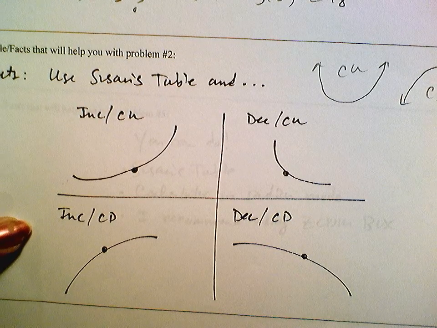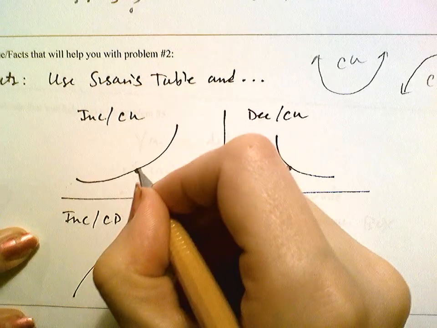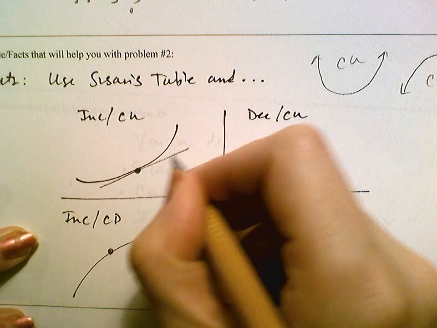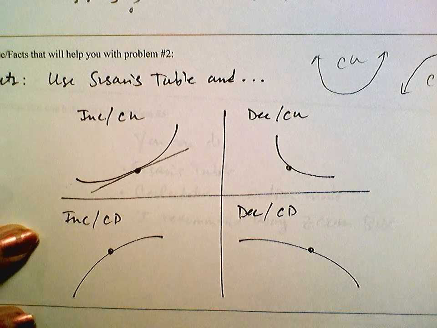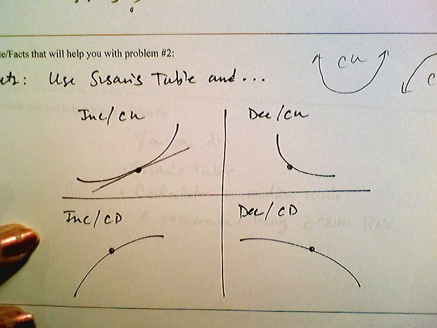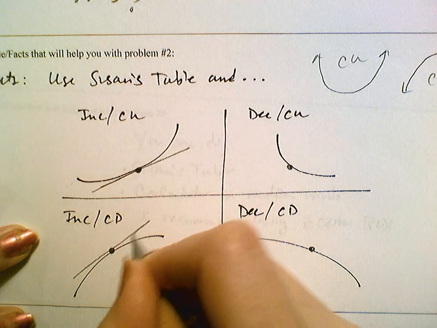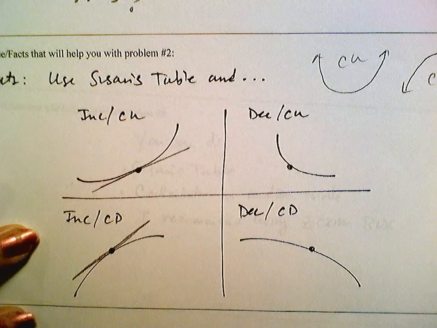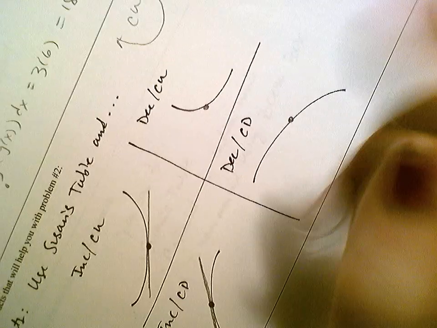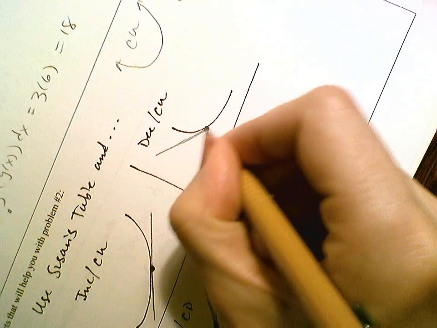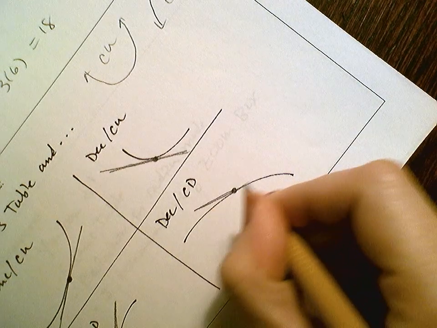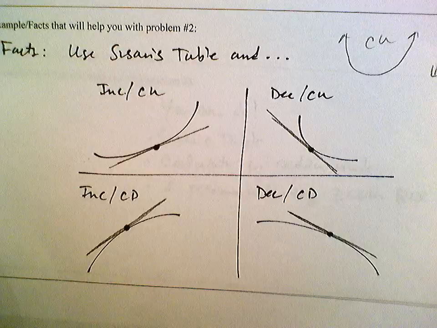Now, guys, let's do tangent lines at these points. Okay, so this tangent line would be like that, and then this tangent line would be like that. Okay, so we got all those tangent lines.